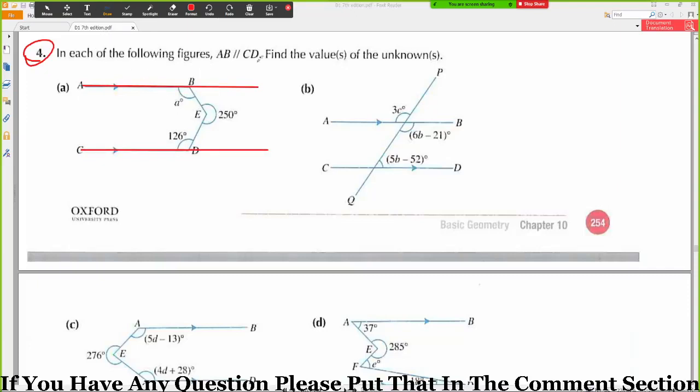Find the value of the unknown. We need to find the value of A. I think I know A, because these are the same, so A will be 126.